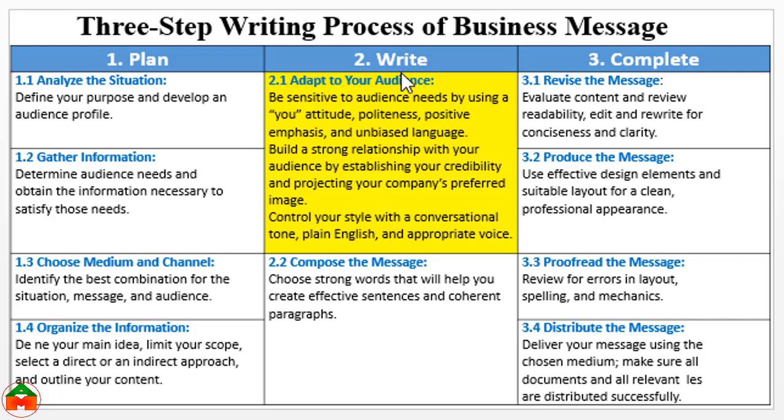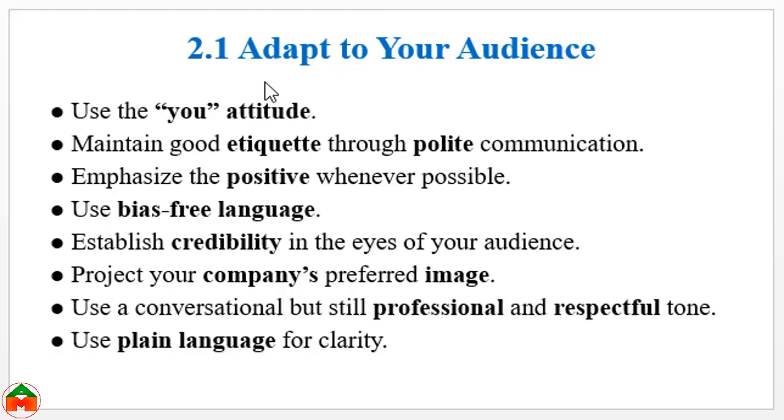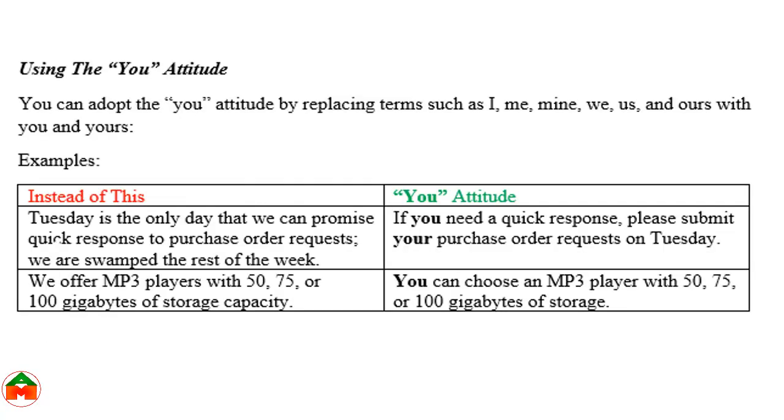In the second step, that means writing the business message, the first activity is adapt to your audience. For effective and efficient adaptation to your audience, you can use the you attitude. As for example, instead of using this one like Tuesday is the only day that we can promise quick response to purchase order request.